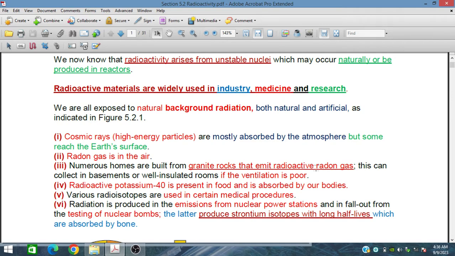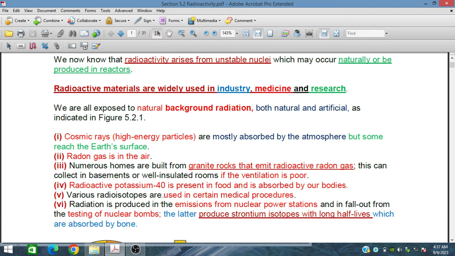So radon is found in poorly ventilated areas such as basements of houses. And radioactive potash K40 is present in food and absorbed by our body.